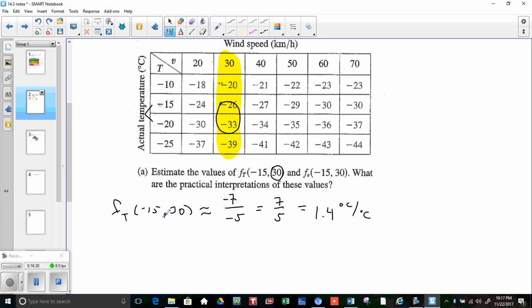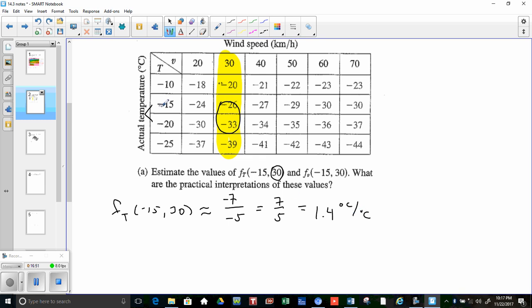So what this means is when we hold the wind speed constant at 30, a slope or approximate slope or change of the wind chill at -15 degrees is going to be about 7/5 or 1.4 degrees Celsius.